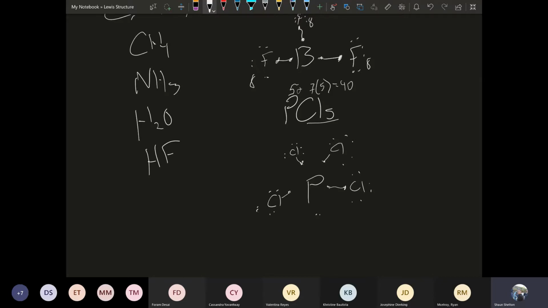So you end up having a Lewis structure like this. And yes, you have to draw all the dots around each of the elements. You have to keep up with that. I can go around and see that the chlorines have 2, 4, 6, 8. So every chlorine achieves the octet rule, and they should on the outside. It's the central atom that can exceed the octet rule because it has to. There's no other option because it's got to bond with all 5, and it's going to share all of its electrons.